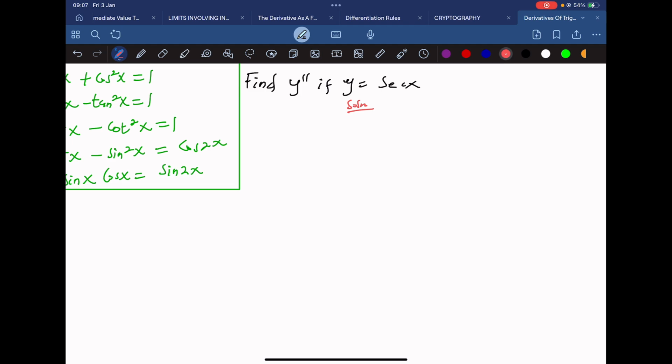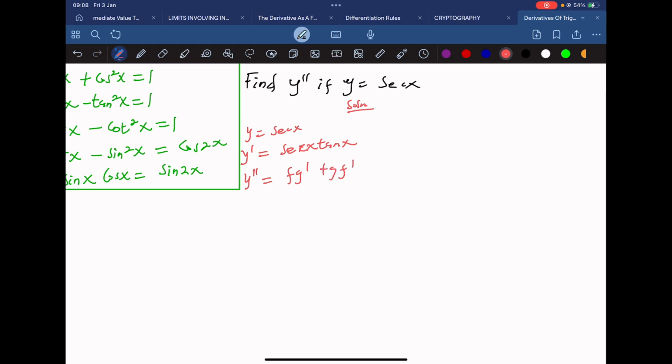Okay, so now if you have y is equal to secant of x, remember from the properties that we wrote earlier on, if we differentiate secant of x, you get secant of x tangent of x. So now if you want to differentiate secant of x tangent of x, remember these are two functions multiplying, so you have to use the product rule.